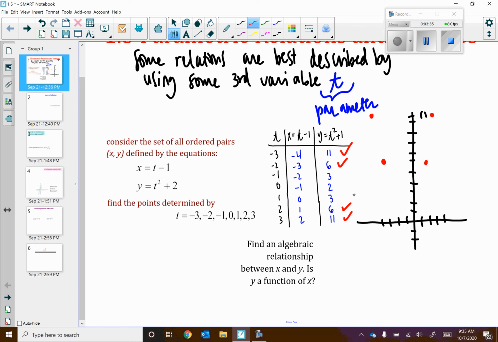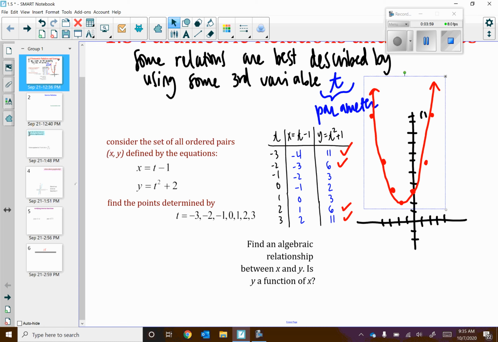All right, -1, 2, and 0, 3, and -2, 3. I guess that one point is not quite there. If I sketch it in, hey, look what I've got. Oh, that was really bad, but hopefully you kind of get it. It is a parabola.